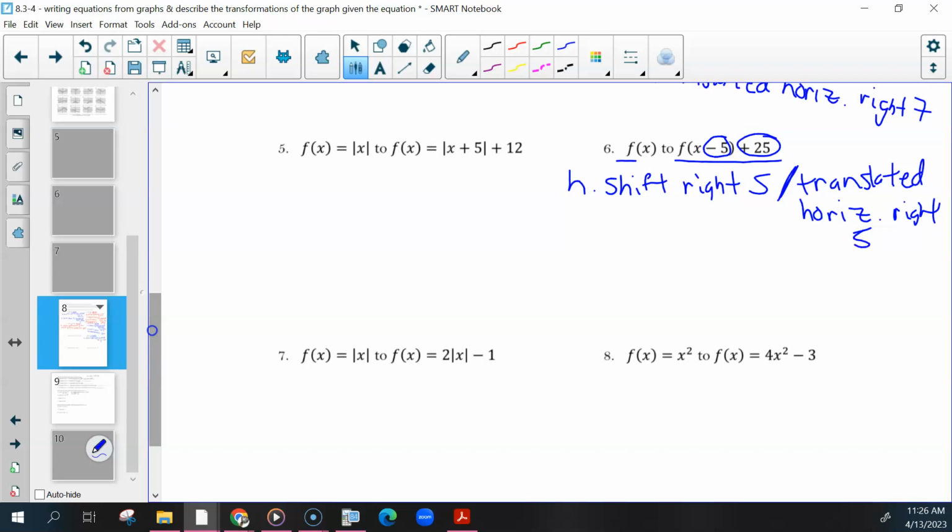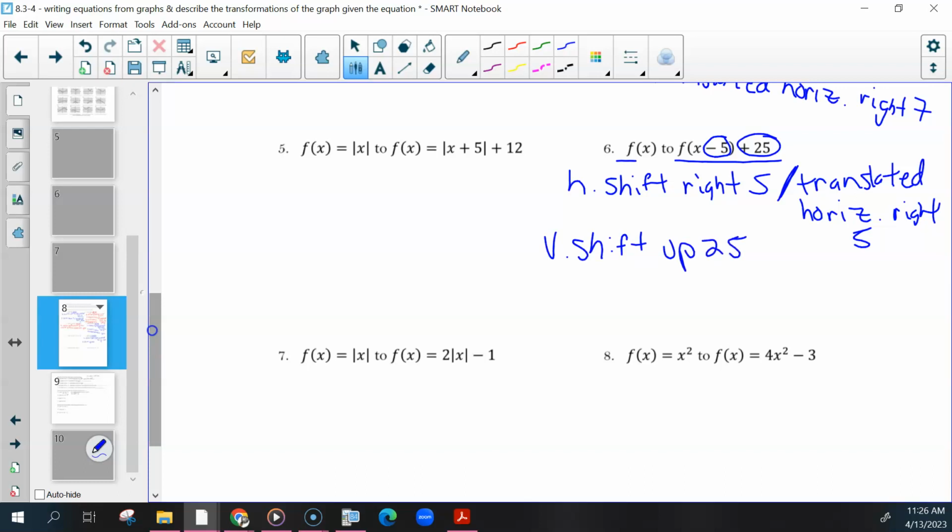Okay. And then we have one more thing, the 25. It's on the outside. What would that one do? What would that transformation be? Vertical shift up.